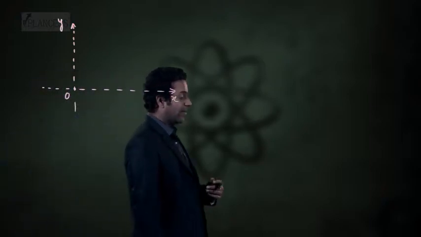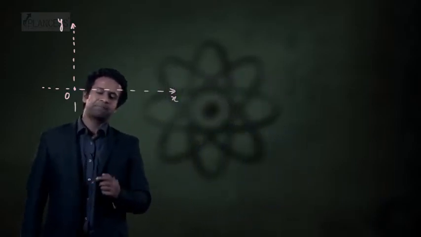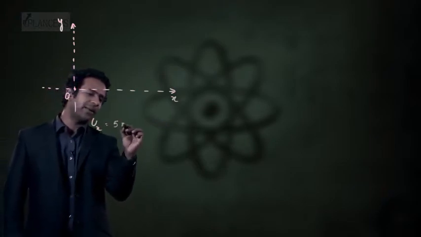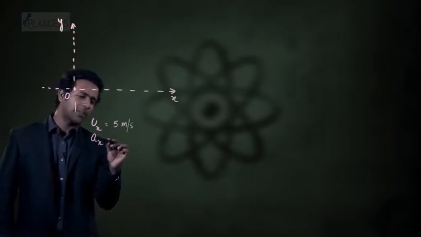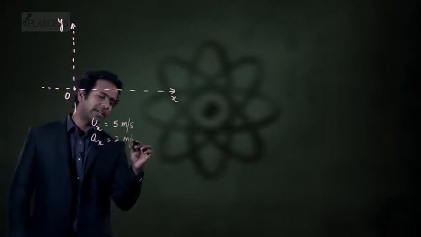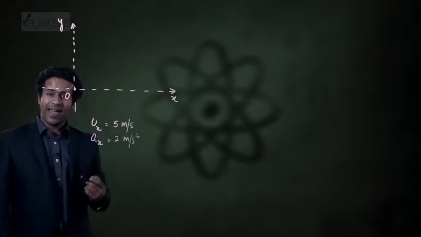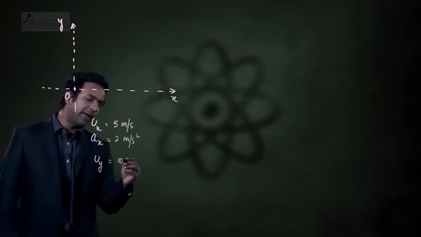So we are given that a particle which is initially at origin starts to move such that its initial velocity along x is 5 meter per second, its acceleration along x is 2 meter per second square, and along y-axis it moves with a constant speed of 10 meter per second.